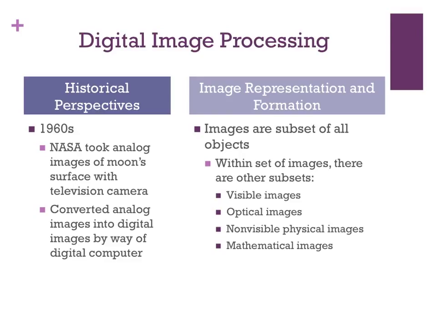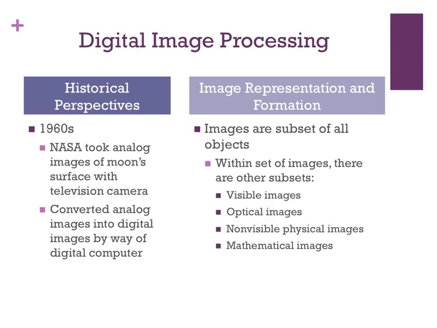The history of digital image processing dates back to the early 1960s when NASA took analog images by a television camera and converted the images into digital images, which were then processed by the digital computer to obtain more information about the moon's surface. Images are classified on the basis of their form or the method of generation.